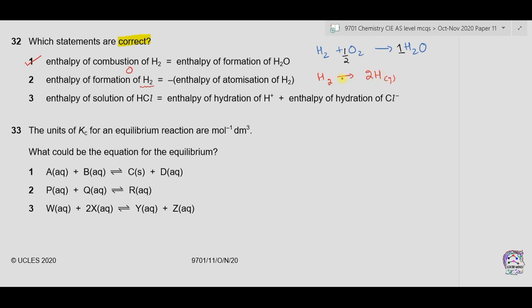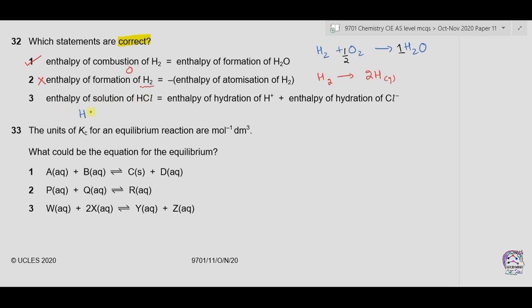So this will be endothermic in nature. Multiplying with negative, the value will become negative. So therefore still this is unequal to 0. So the enthalpy of formation of hydrogen is not equal to the enthalpy of atomization of hydrogen. So 2 is incorrect.